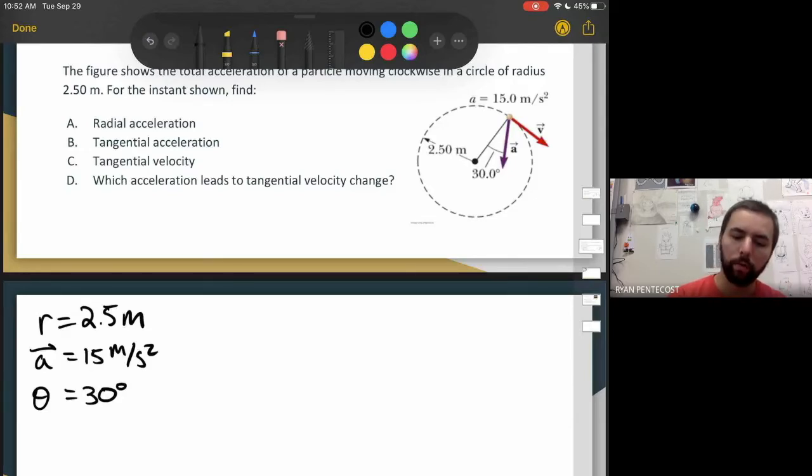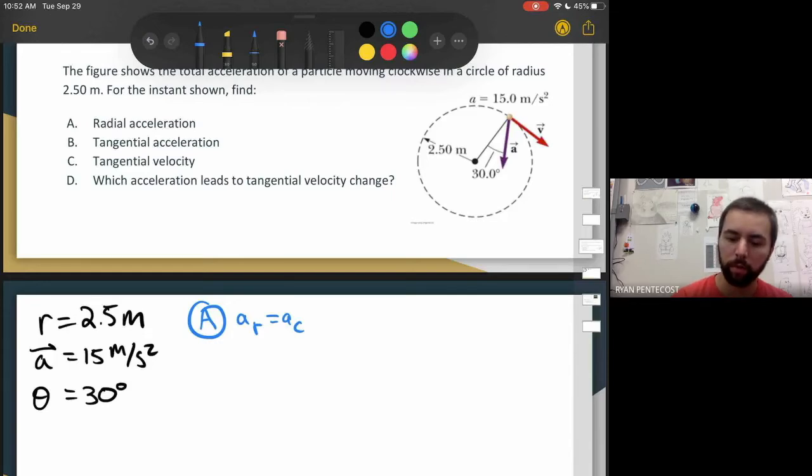Now, first, letter A, we want to know the radial acceleration, which is centripetal acceleration. We don't have velocity, we don't even have omega, but we do have a triangle.